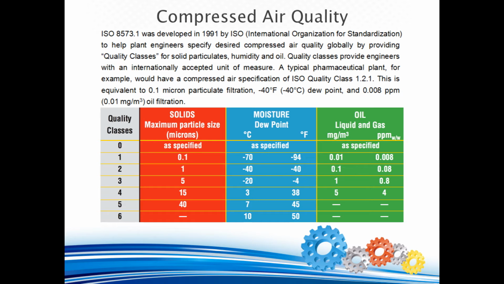A typical pharmaceutical plant, for example, would have a compressed air specification of ISO Quality Class 1.2.1. This is equivalent to 0.1 micron particulate filtration, minus 40 degrees Fahrenheit, minus 40 degrees Celsius dew point, and 0.008 ppm, 0.01 milligrams per cubic meter oil filtration.